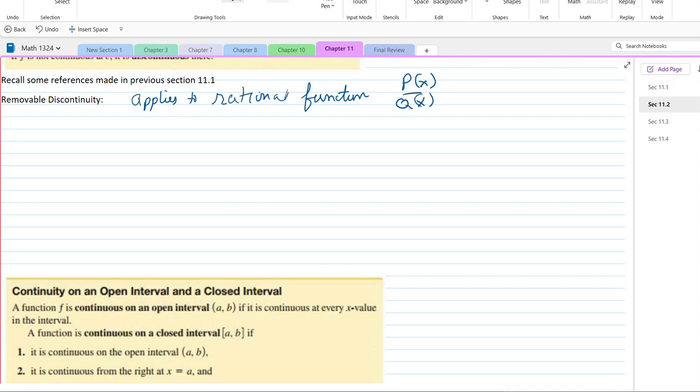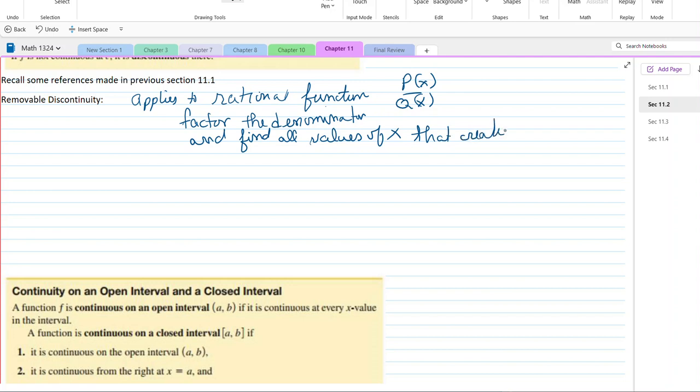So then we would factor the denominator and find all values of x that create a zero in the denominator.